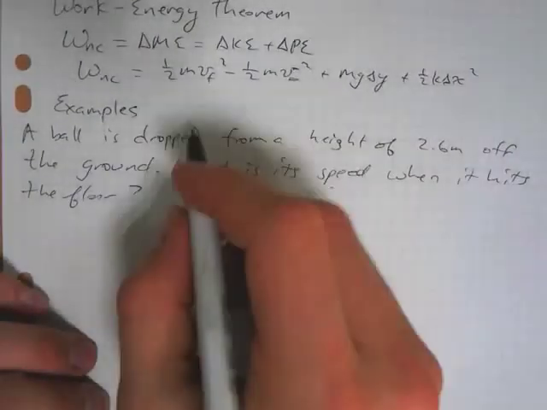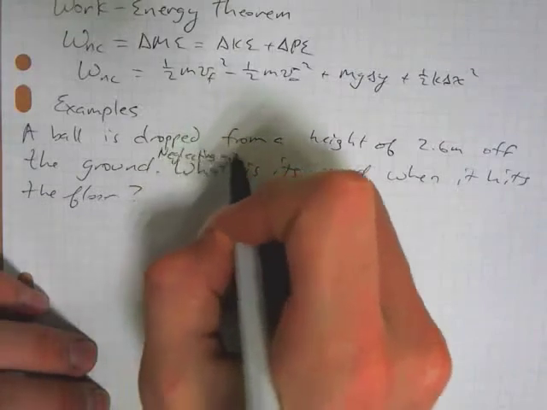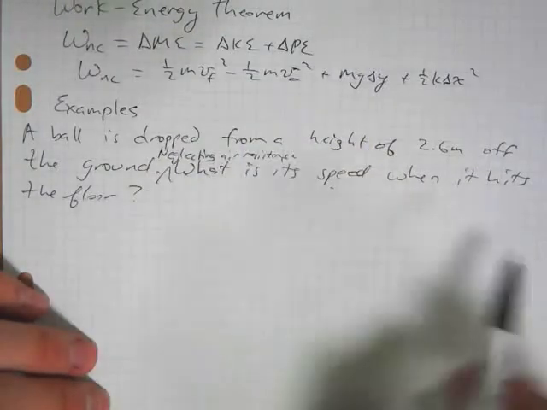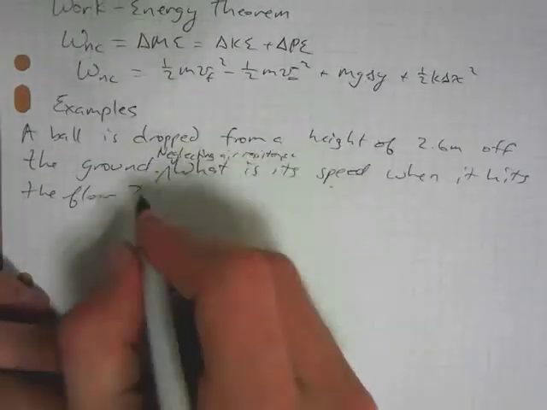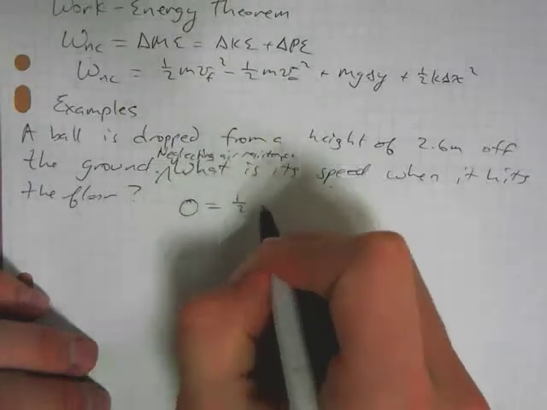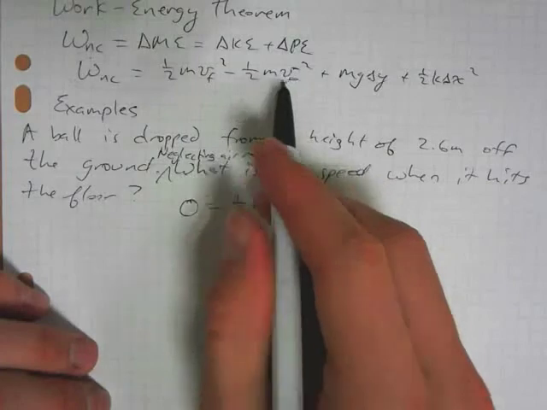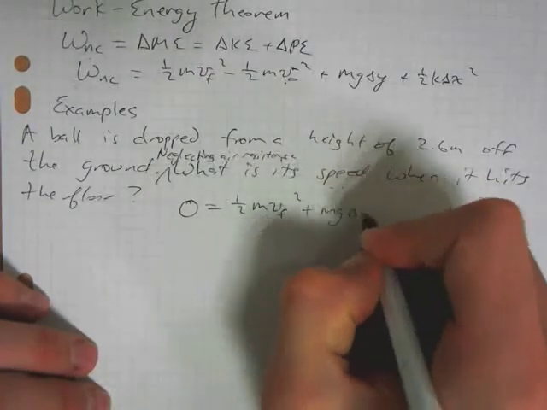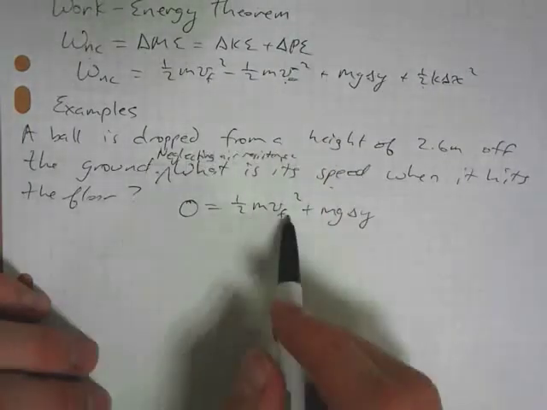Let's neglect air resistance, which means there are no non-conservative forces acting, so we can plug in a 0 on the left side of that equation. That equals half m v final squared, v naught is 0 because it's just dropped, plus m g delta y, and there's no spring in the problem, so we can leave off the spring force.